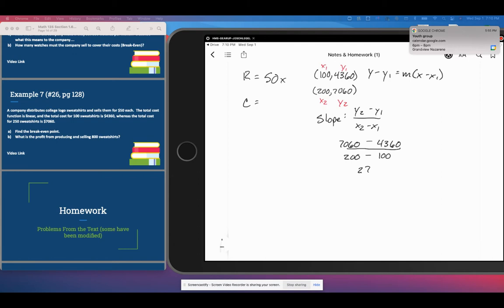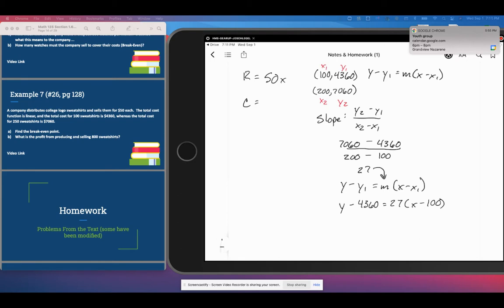And I can go ahead and take that now and put it into my point-slope form. Y minus y1 is equal to m times x minus x1. My slope is going to go right there. And my y1 and my x1 both come from the information above. So I've got y minus 4360 is equal to 18 times x minus 100.